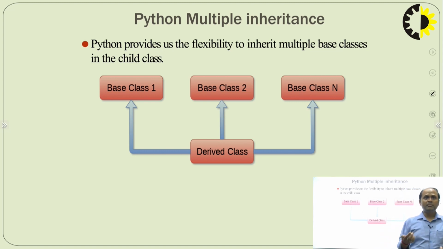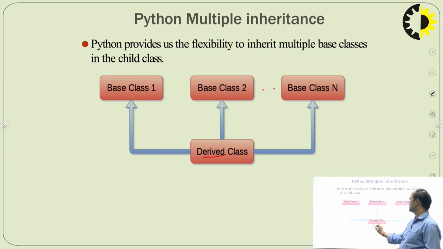But in multiple inheritance, one child class is created from more than one base class. Like in this example, base class 1, base class 2 and base class 3 up to n, we can inherit the property into the child class.